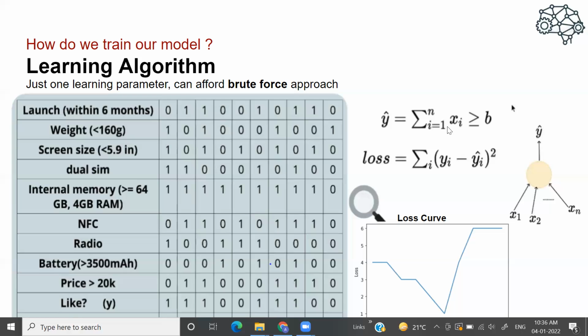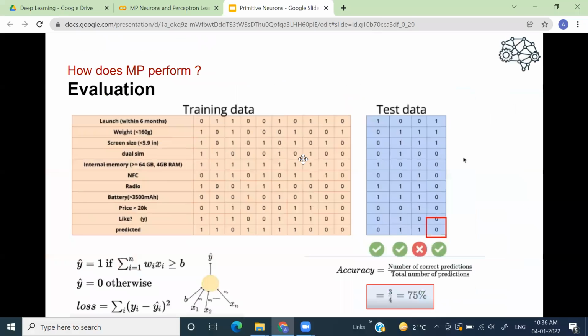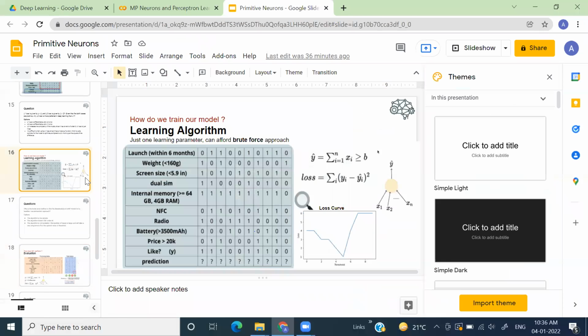Similarly, I'll keep on changing the value of b from 0 till n, and you will see that the minimum number of mistakes which I'll be making, which is equal to 1, is the case when my b is equal to 5.